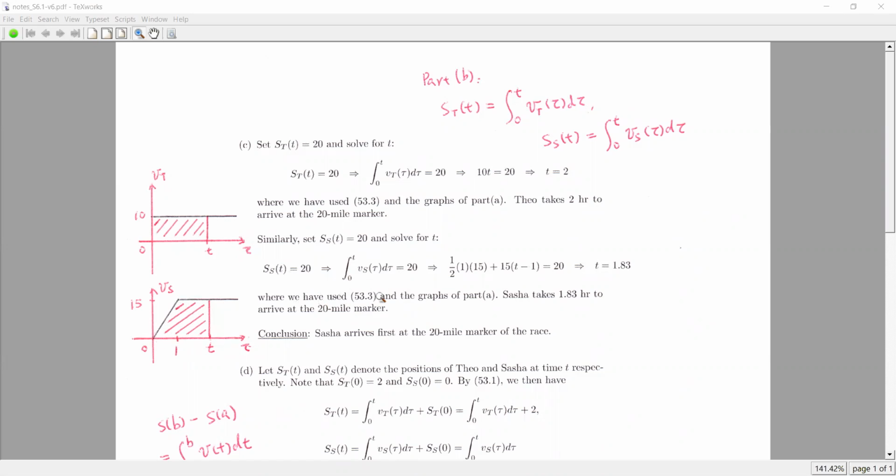The area is this. Solve this equation for t, then I get t is 1.83. So Sasha takes 1.83 hours to arrive at the 20-mile marker. Conclusion: Sasha arrives first at the 20-mile marker of the race.